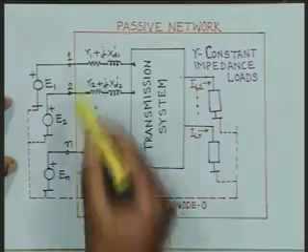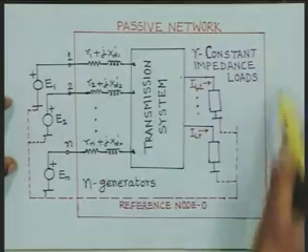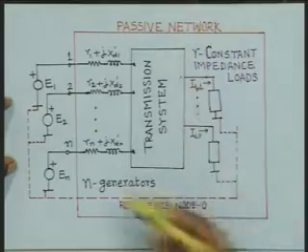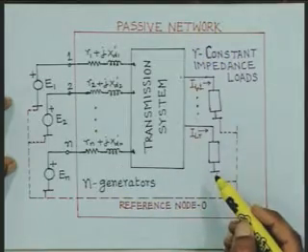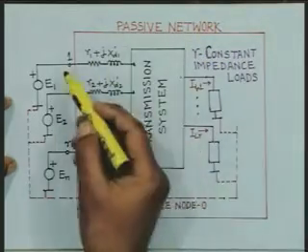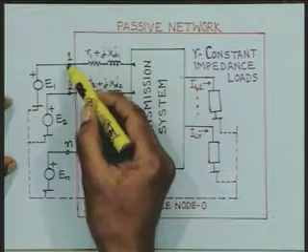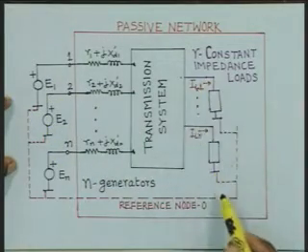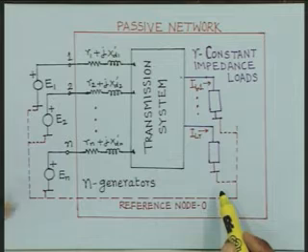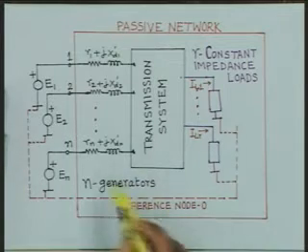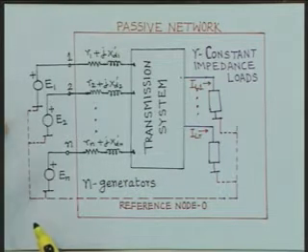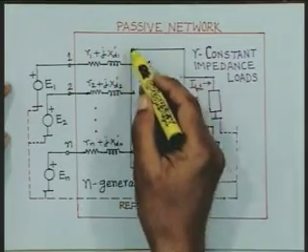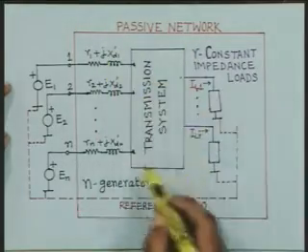the network which is enclosed in this rectangle is a passive network. It does not have any source now. All these sources have been taken out. That is, at these nodes we have connected the voltage sources and all the loads have been replaced by constant impedances. What we exactly do when solving this problem is that initially you perform a load flow analysis.